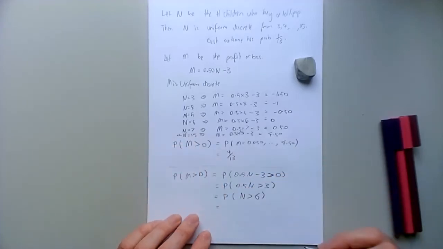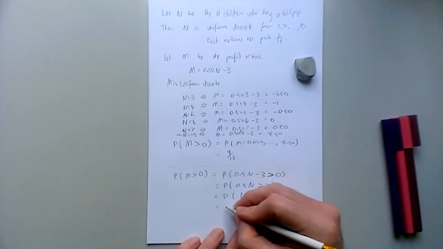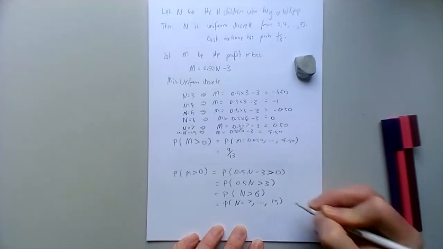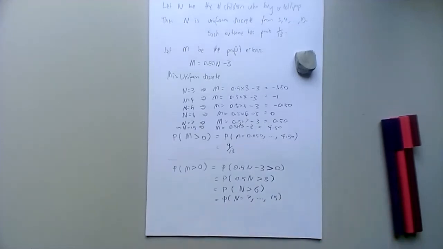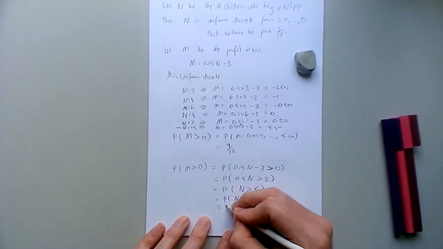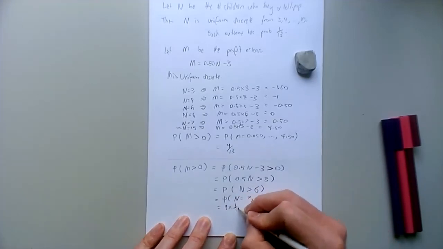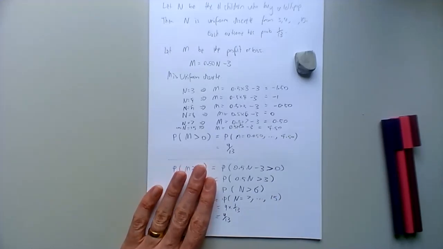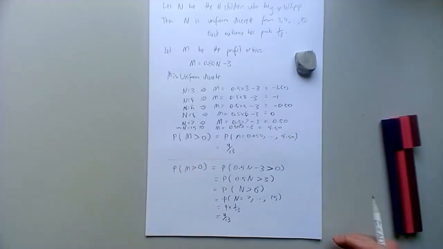And so that means that n is from 7 to 15, which is what I figured out anyway, but it's just a little quicker. And since they're whole numbers, a little easier to actually do. So that's 9 times a 13th, which is 9/13. So that's a little quicker, and I might do that next time I do this actually.